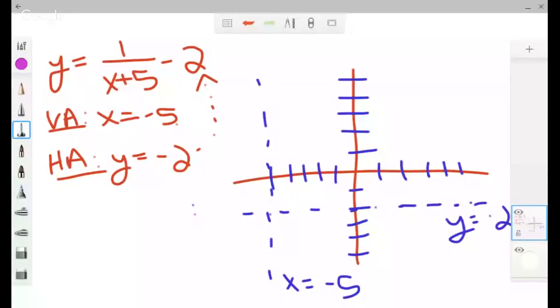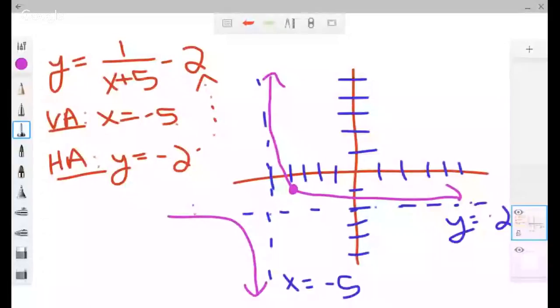For example, if I plug in -4, 1 divided by -4 plus 5 is 1 divided by 1, which is 1, and 1 minus 2 is -1. So at -4, I have a point at -1. So I know that the graph is going to go roughly like this. So there's my two branches. And then you could go through the whole domain and range thing again.